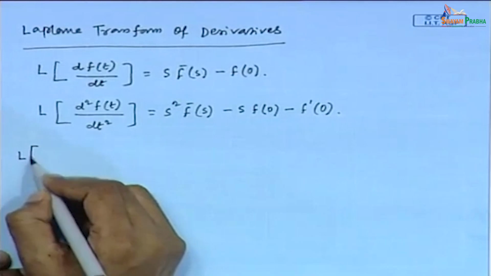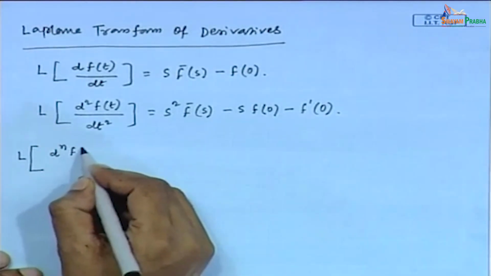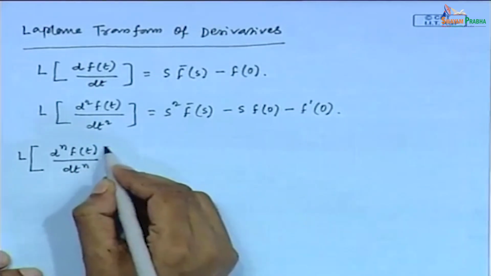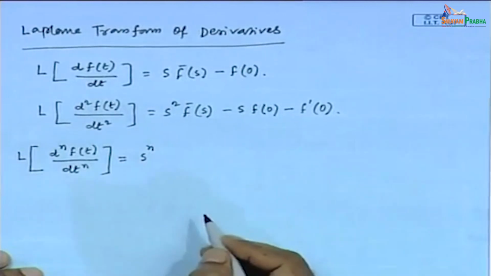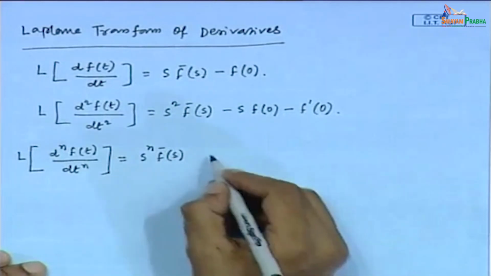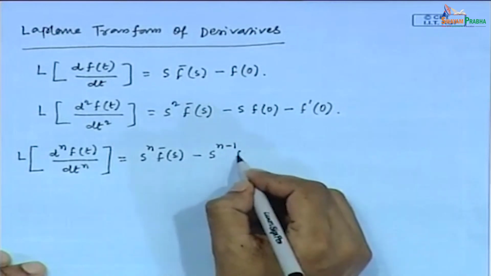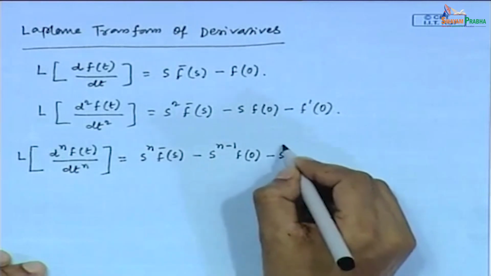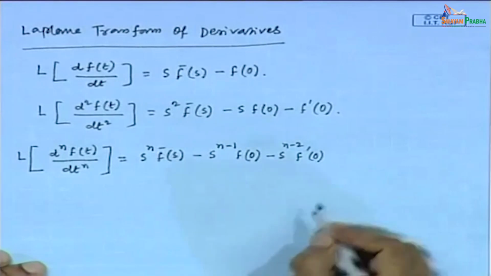Similarly, for nth order equation, d^n f(t)/dt^n is equal to s to the power n F bar(s) minus s to the power n minus 1 f naught minus s to the power n minus 2 first derivative.